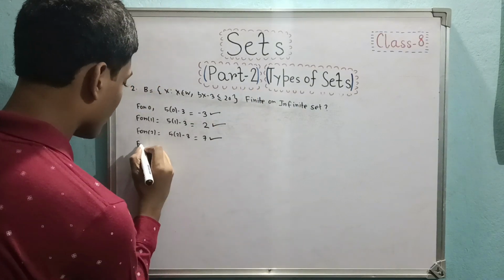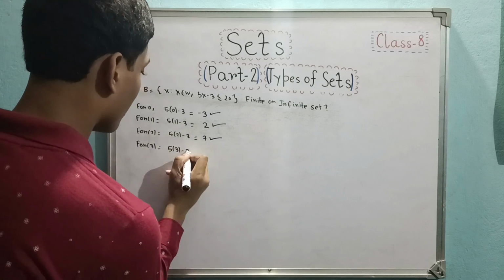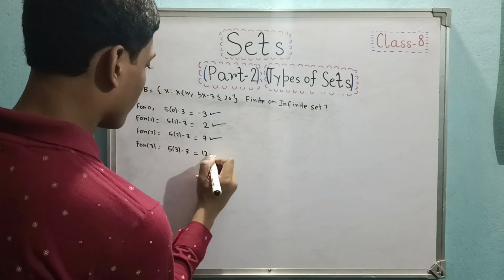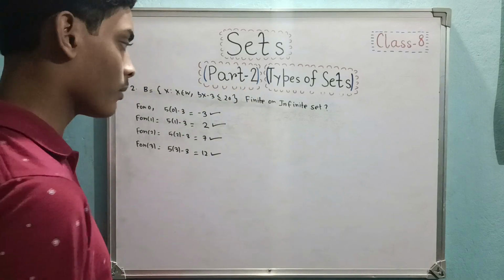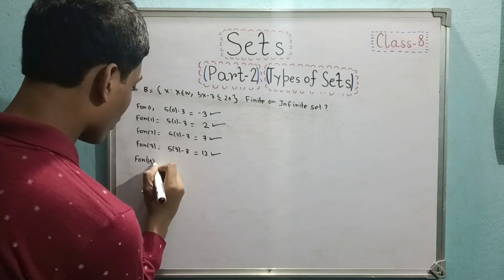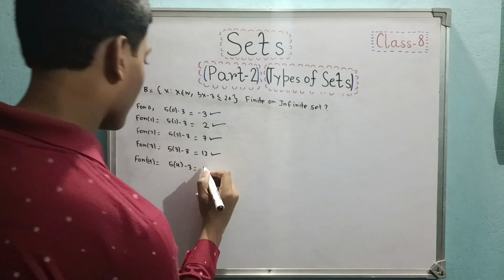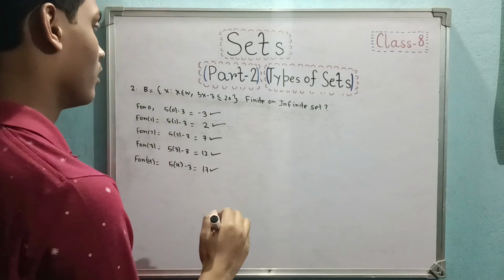For 3, it will be 5 into 3 minus 3, 15 minus 3 equal to 12. Again less than 20, it is possible. Keep checking. For 4, it will be 5 into 4 minus 3 equal to 17. This is also possible.